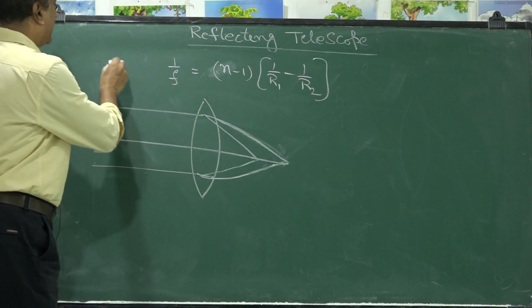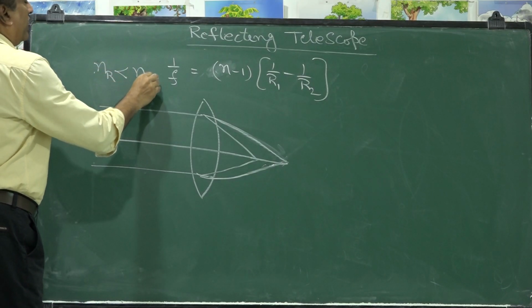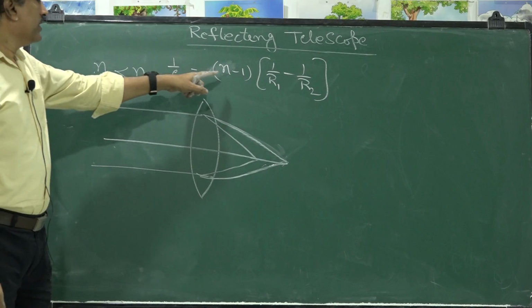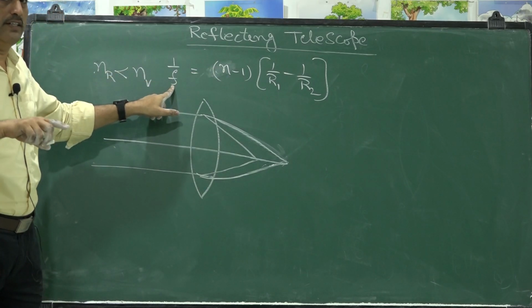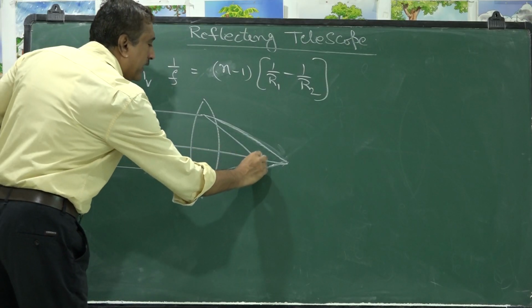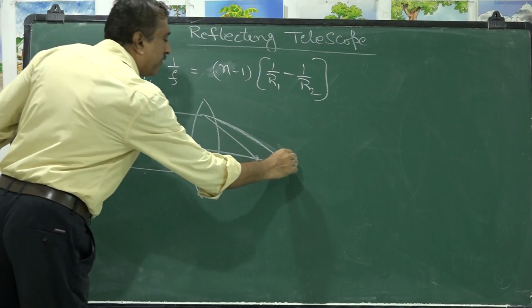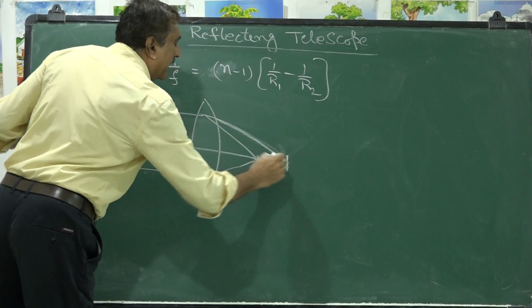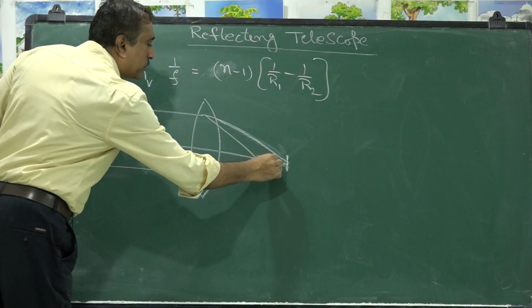The refractive index for red is less than that of violet. So if the refractive index of violet is more, the focal length of violet will be less, so it will form an image close to the lens, and the red image is formed at a distance, and the images of other colors will be in between these two.